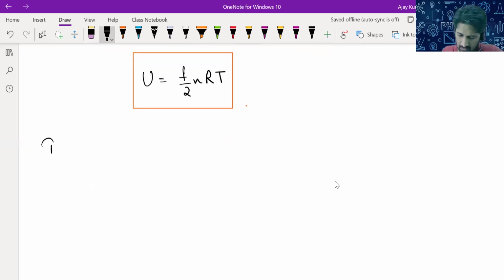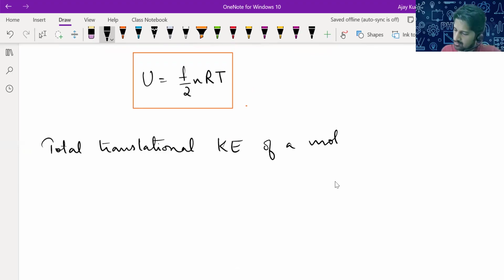Then, the total translational kinetic energy of a molecule. Whether it is monatomic, diatomic, or polyatomic, all molecules have three translational degrees of freedom.